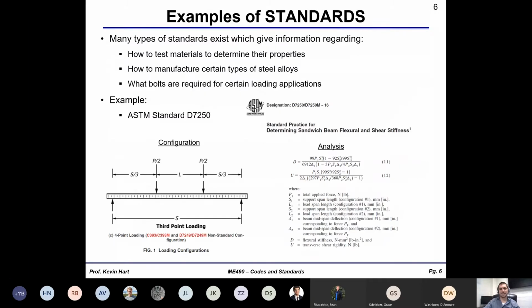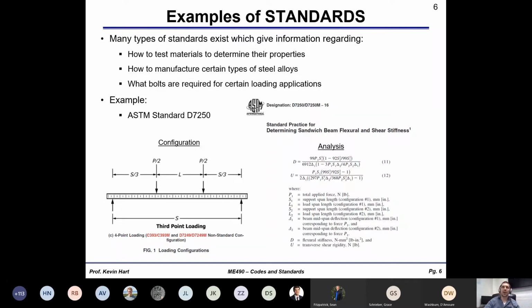All right, continuing. Standards. Remember, standards are generally accepted norms for engineering design, and they can range over all sorts of different areas. Standards can be things like standardizing how materials are tested, how materials are manufactured, the tensile strength of bolts, all sorts of stuff.